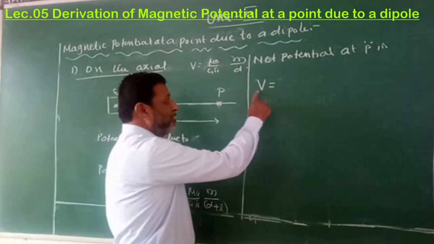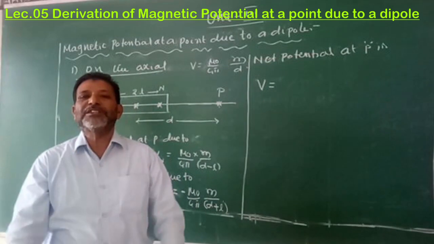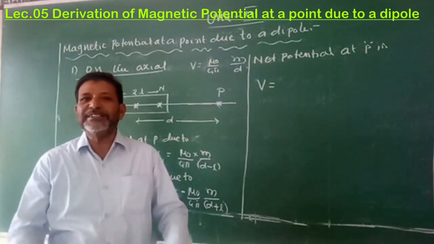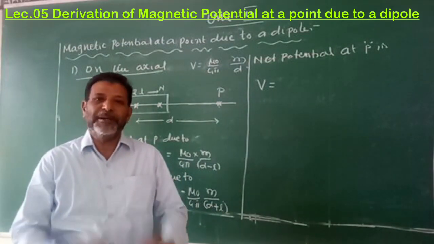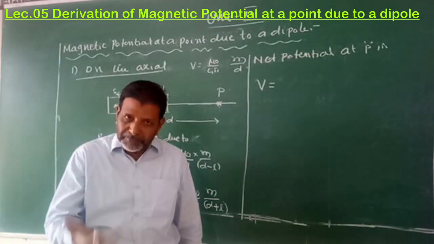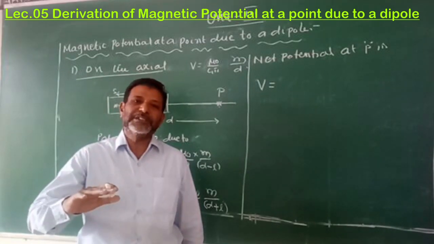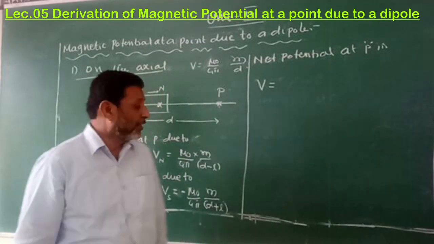Therefore, since net potential is a scalar quantity, you just have to sum up. To find the resultant, you add them, taking the positive quantity as plus and the negative quantity as minus.